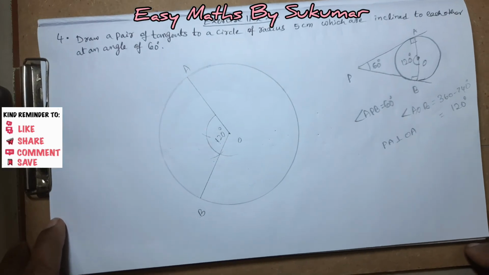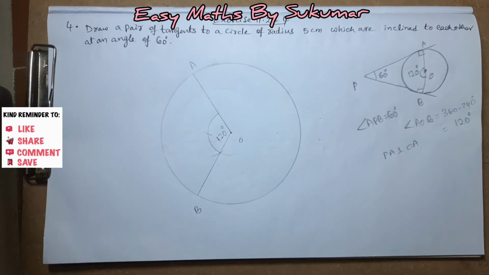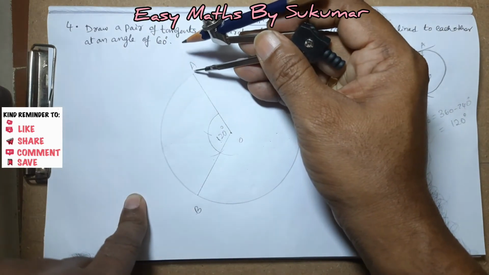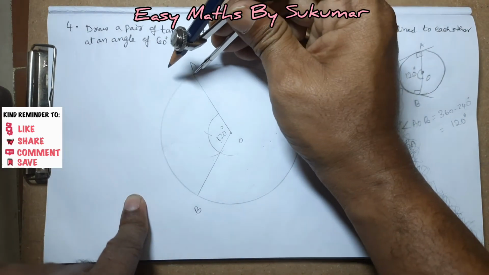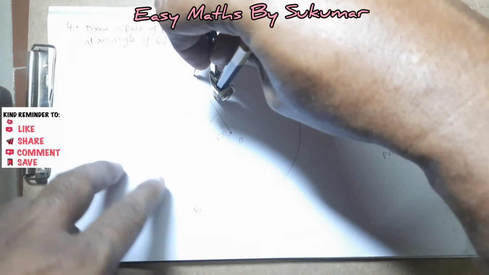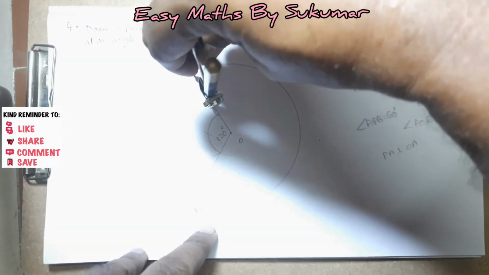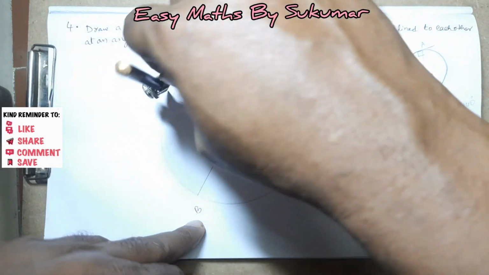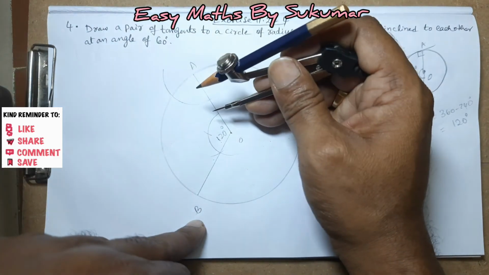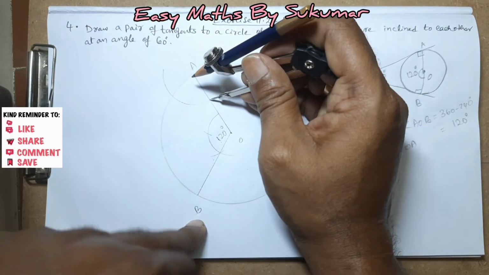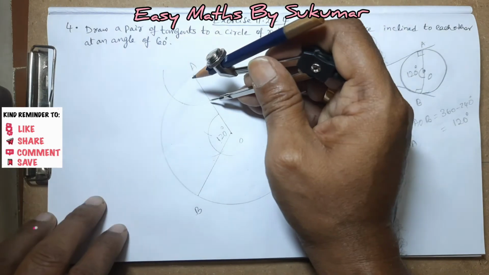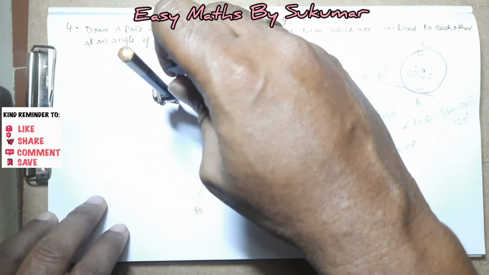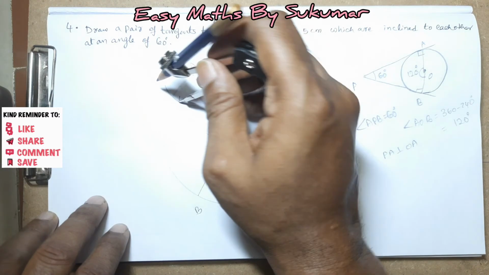Next step is, here take again circle, with A as center. Here just draw an arc again like this. Now here also, from here just mark points here, here and here.